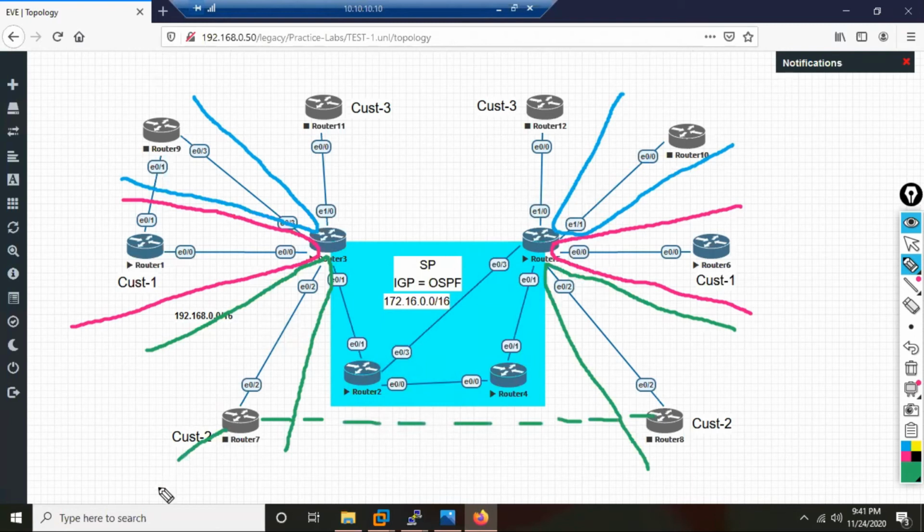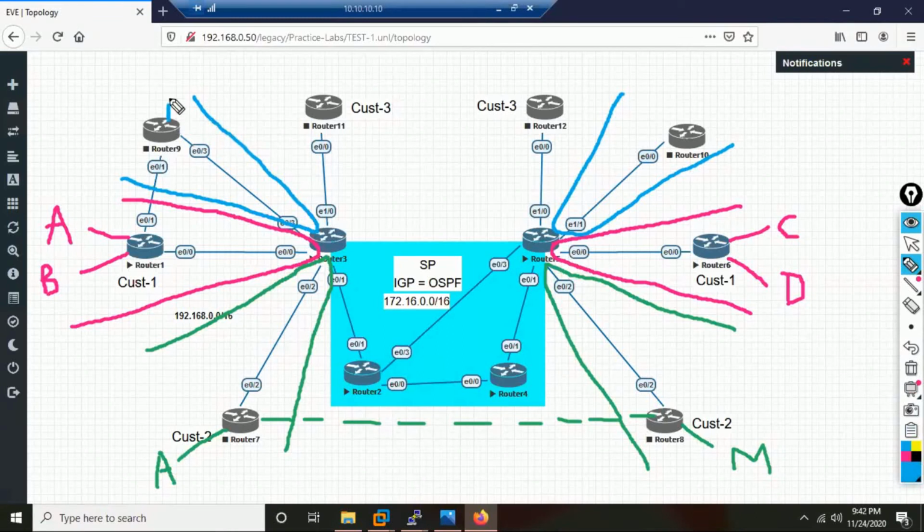Suppose this customer has network A, and here this customer has network M. Then customer 1 also has A, and B. And this side, this customer has C, this customer has D, and then this customer has again D, and maybe G. And on this side he has route M and maybe route T. So now, if you see the communication across multiple customers, are they having overlapping routes?